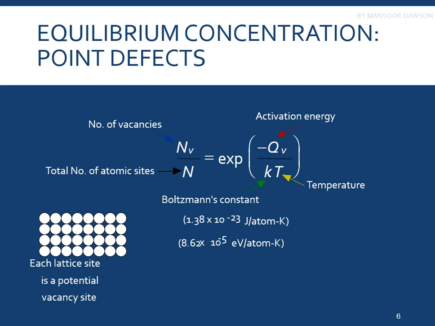So we can find the equilibrium concentration of the point defect. We also know that each lattice site is a potential vacancy site. That means in the absence of this atom, we can create a vacancy over here. We can also create a vacancy over here if this atom is not present. So it can be any site.